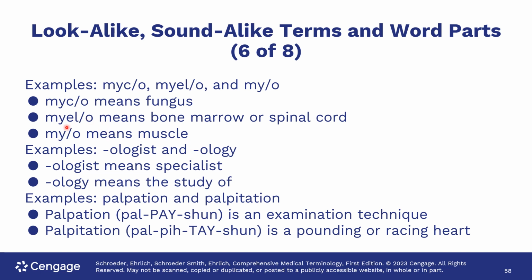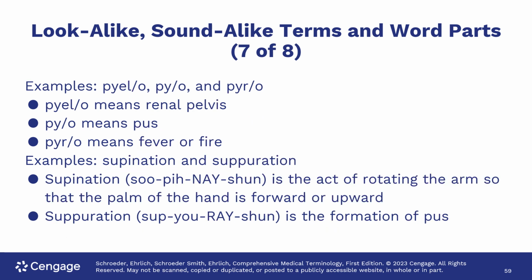If you don't enunciate, you can see how people might mistake something. Palpitation or palpation, that's another very common one. Palpation is a way to examine someone. Palpitation is a pounding or racing heart. So two very different things.